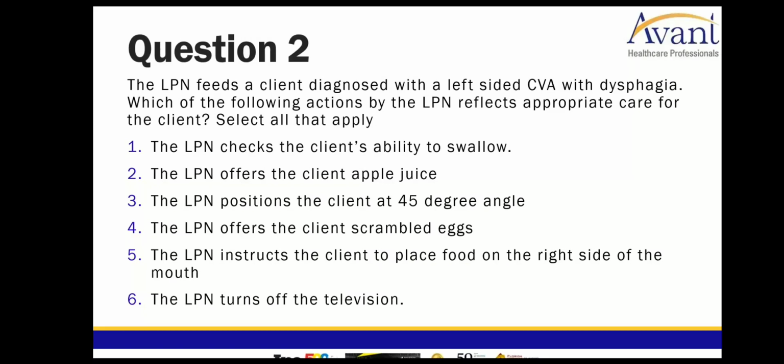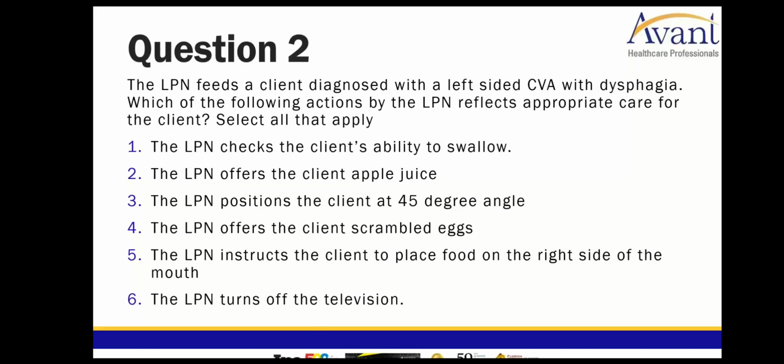So a left-sided CVA will affect the right side of the body, meaning that the right side has some weakness, which are the areas of concern. Okay. Now, what does dysphagia mean? Dysphagia means, the definition would be, weakened or poor swallow. It doesn't say they cannot swallow at all. It just means they have difficulty with swallowing. Okay? Keep those definitions in mind when you're answering these questions.